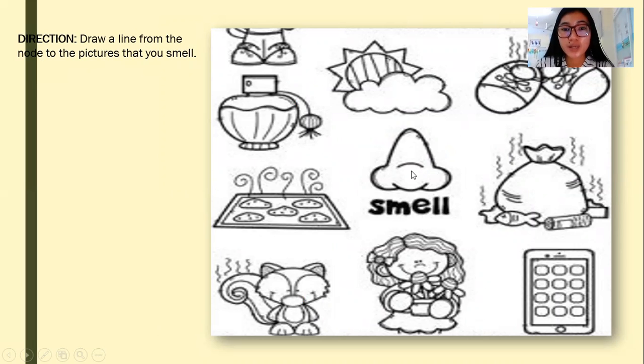The first one is we have a perfume. Next, we have smelly shoes. Next, we have garbage. And next, we have the smell of the tail. It's smelly, okay? Then next one, we have a cookie. And last, the flower, okay?